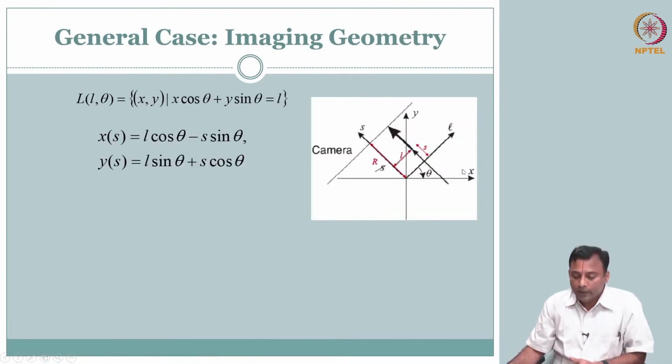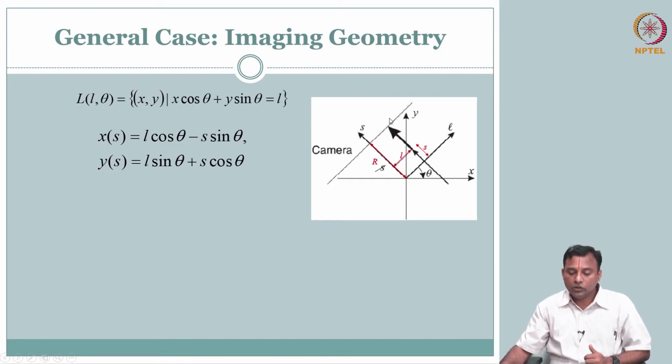How do we do that? You have your L comma theta. Instead of writing that, we can write it in terms of S, and from here we could do this transformation. At any particular theta, you can start to write, this is your camera, and this is your location.